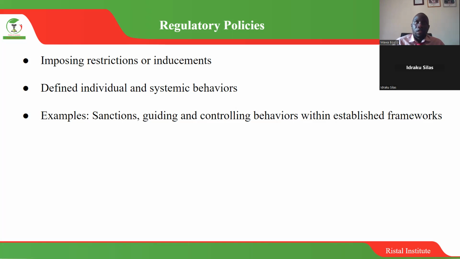Issues to do with the bars being open in the morning, restricting the time for which people can actually go to bars is also one of the regulatory policies. So it's about putting restrictions on particular behaviors that are dangerous to health.